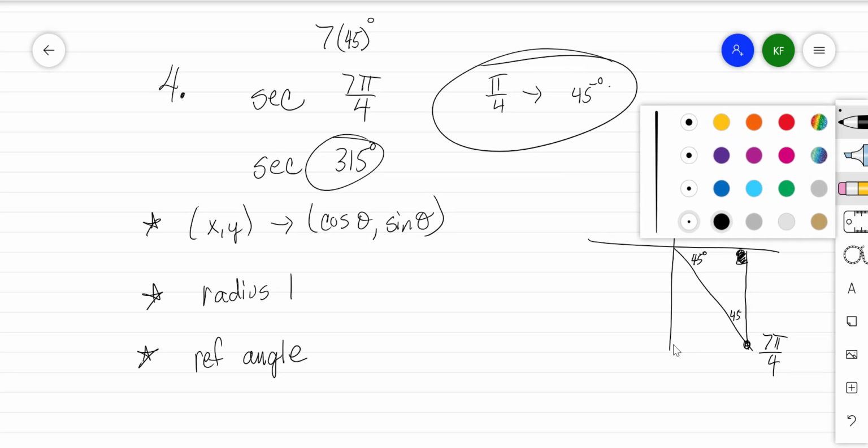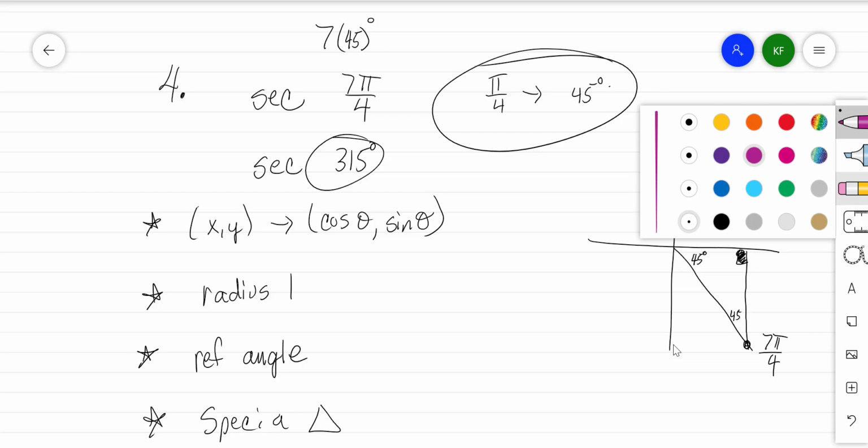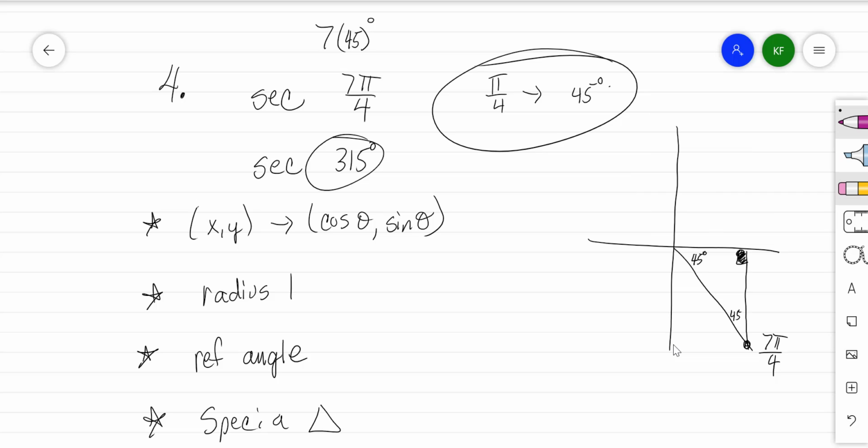Okay, so now you can explain to me the special triangle that lives inside here. And that is 1, 1, and the square root of 2. But this guy right here, because the y's are negative, is -1. Okay, so what is the definition for secant?